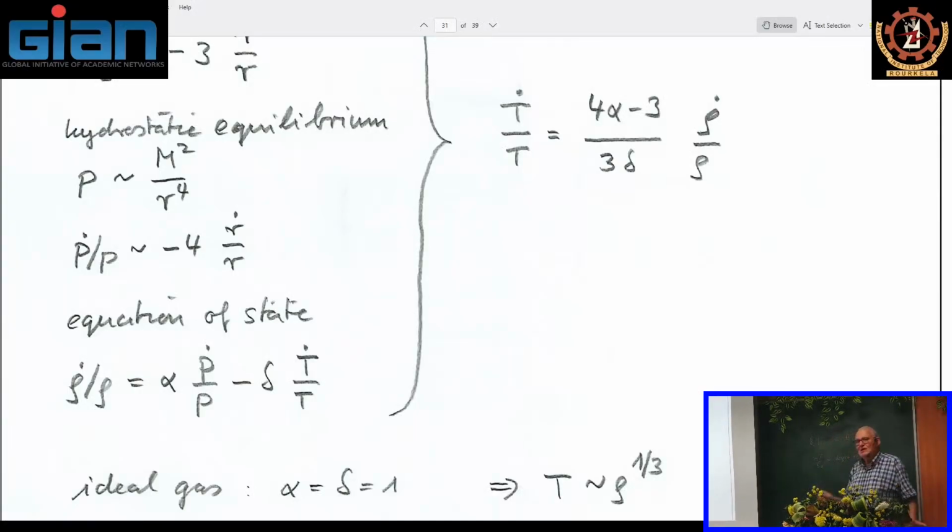If we want to keep this degree of degeneracy constant, then the temperature has to be proportional to E0. So constant degree of degeneracy would mean that the temperature goes with the maximum energy, the Fermi energy, of our particles.